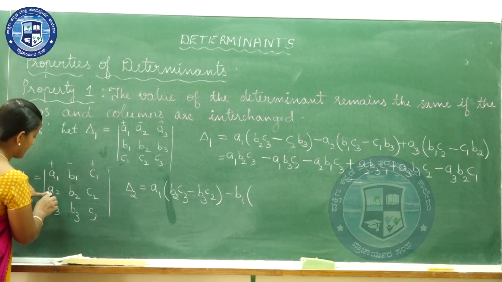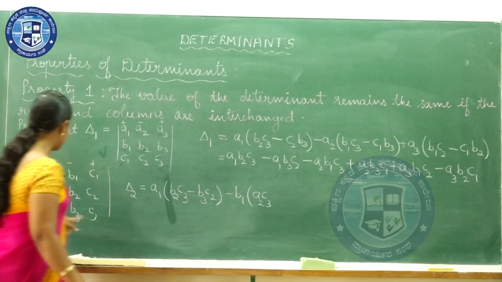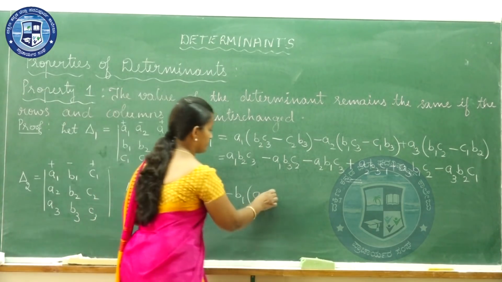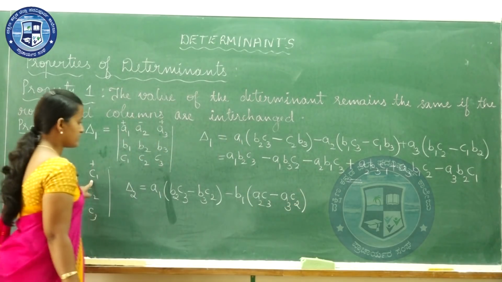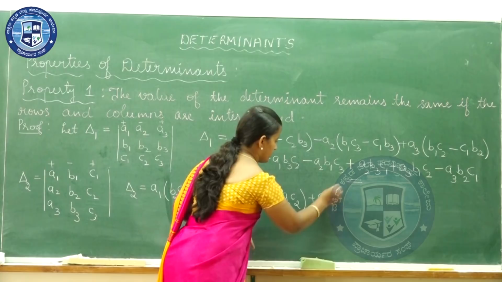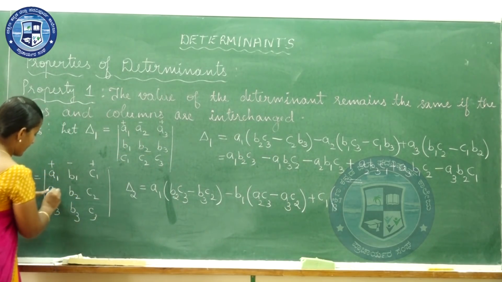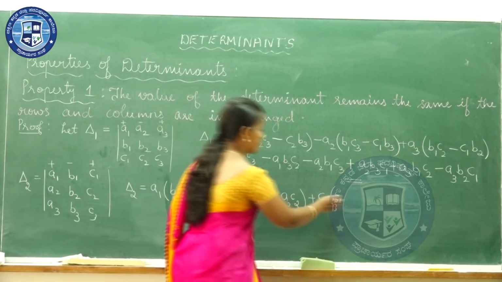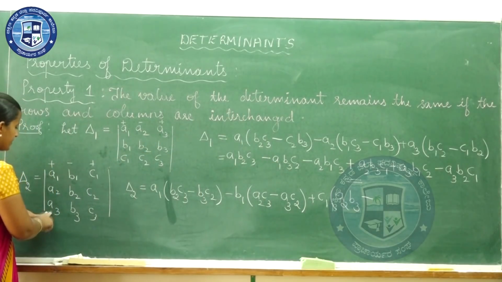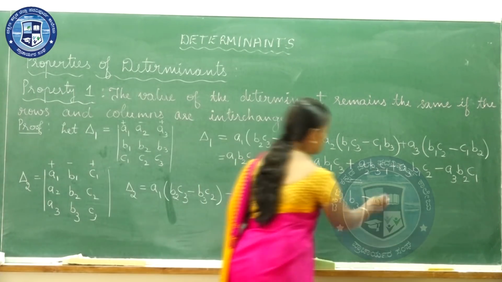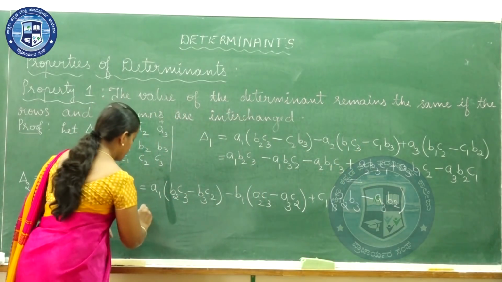So when you multiply A2 C3 minus A3 C2, plus C1 into, delete the first row and the third column. So A2 B3 minus A3 B2. Now simplify.